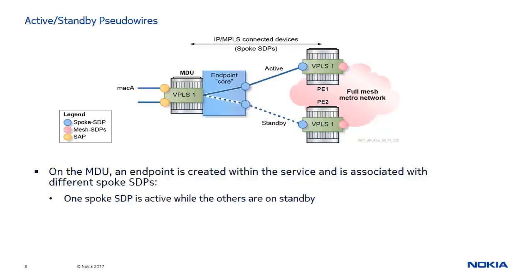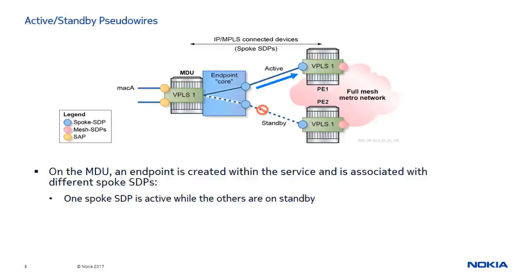In this example, the endpoint core is associated with 2 spoke SDPs and the spoke towards PE1 is selected as active. Traffic arriving on the SAP associated with VPLS1 on the MDU is forwarded on the active spoke SDP towards PE1, but not on the standby spoke SDP towards PE2.